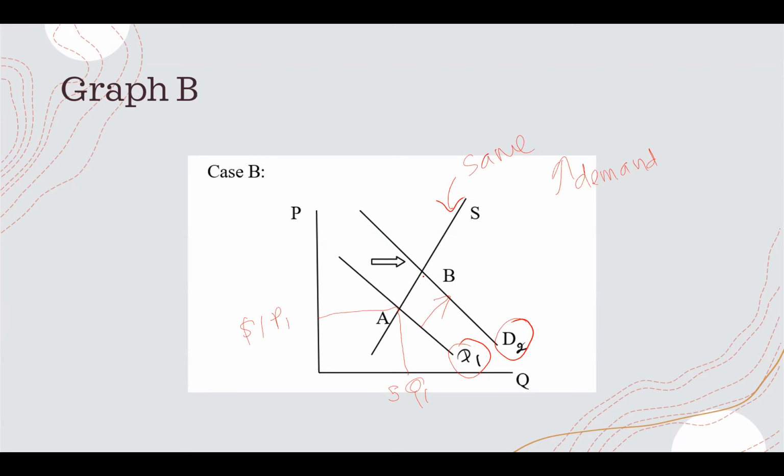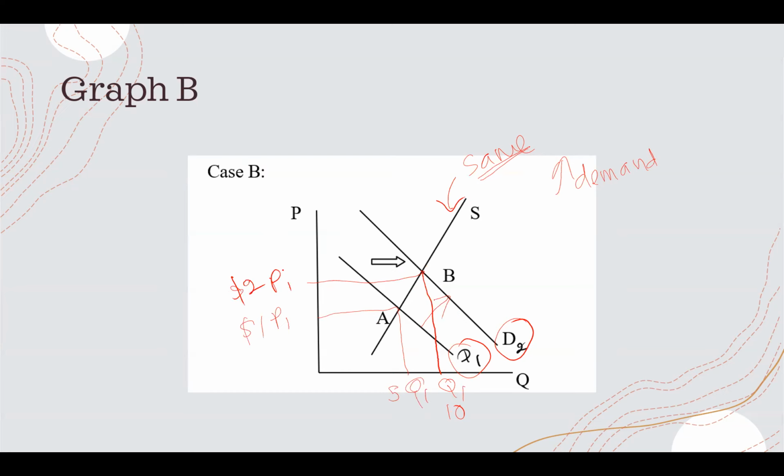So now when the demand increases, the quantity they buy increases, not the quantity they produce, because supply is the same. The quantity they buy increases, so the sellers can increase the price.